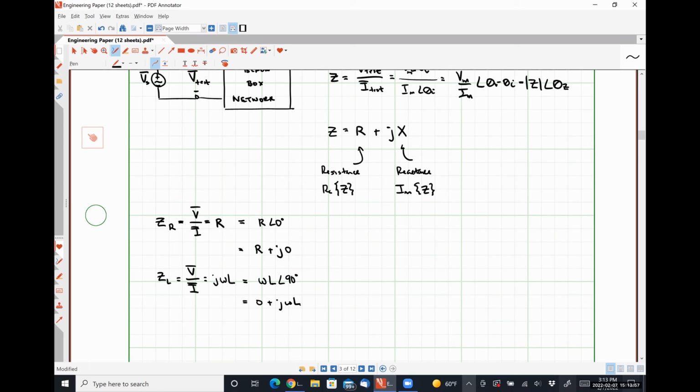So the impedance of an inductor is purely imaginary. So we say that inductors have positive reactance.